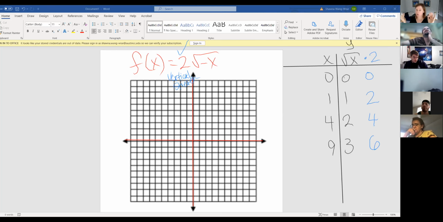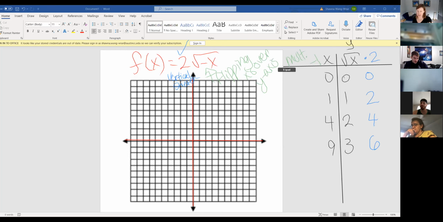We're flipping them over the y-axis, but we are flipping the x's. So we are going to multiply by -1 because our x's are what is changing here. So we multiply our x's by -1. So here I'll put flipping x's over the y-axis.